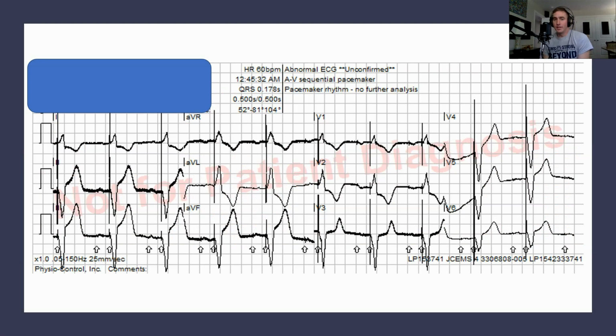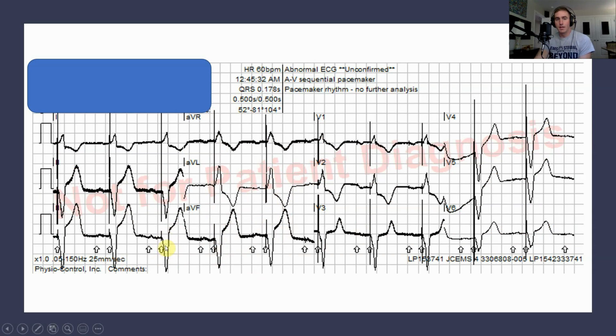Now, this is what a normal paced rhythm should look like. So this is a ventricular pacemaker, you have a wide QRS, and you have ST segment deviation that's opposite or discordant of the QRS. So this is a normal paced rhythm. And the ST segment elevation is not excessively discordant.